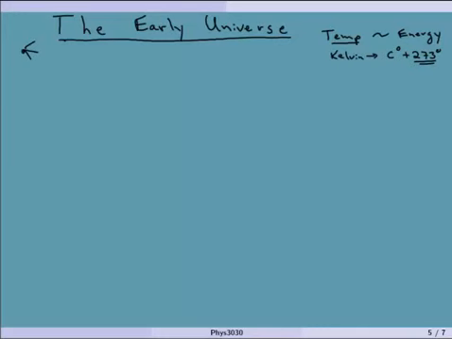Okay, so the idea here is we'll start with the very, very first beginnings, and what I can say is physics doesn't know about the time before, now this is going to seem ridiculous, right?